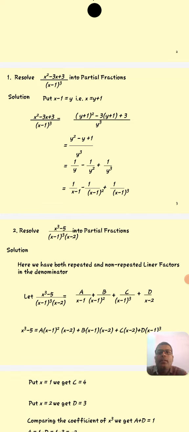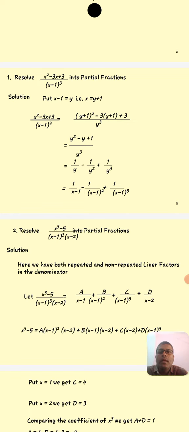You observe again: resolve (x square minus 3x plus 3) divided by (x minus 1) whole cube into partial fractions. Here we have to choose the substitution. Put x minus 1 is equal to y, that is, x is equal to y plus 1.